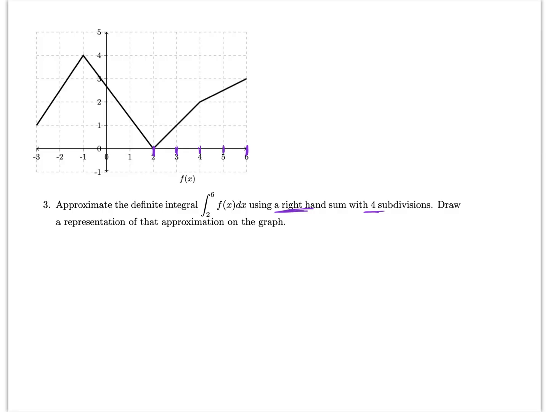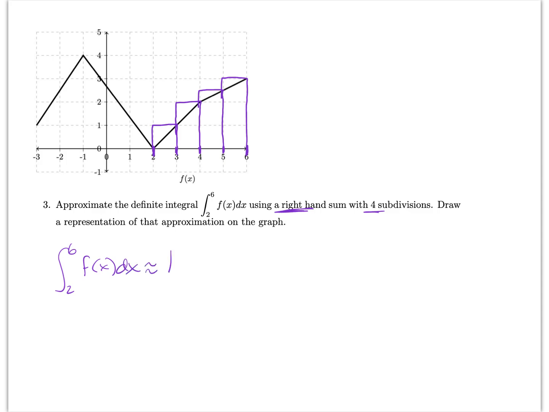So the interval from 2 to 3, we use the right endpoint at 3 to go up to the graph and build a rectangle at that height. And then I do that on each interval. Go to the right endpoint, go up till you hit the graph, and then you draw a rectangle at that height. And then I'm going to find the area of each of these rectangles and add them up. And that will give me an approximation for the integral from 2 to 6 of f of x dx.